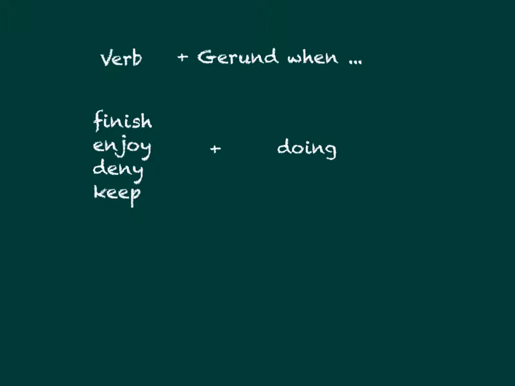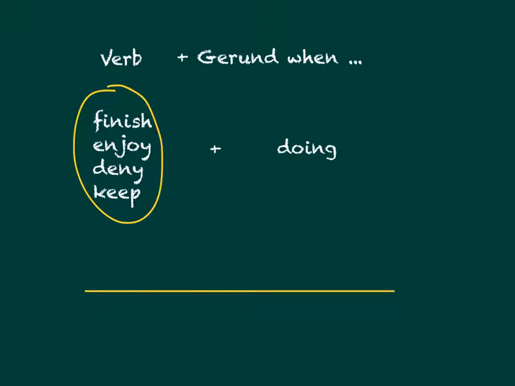We should use verb followed by a gerund when we see finish, enjoy, deny, keep. I have a hint for you to remember. Think about the gerund as a process that you have done before the verb.